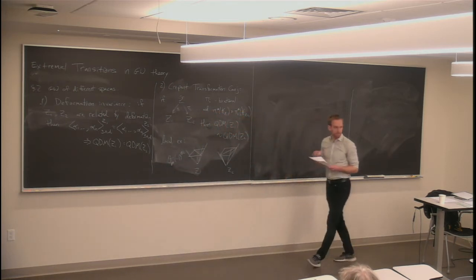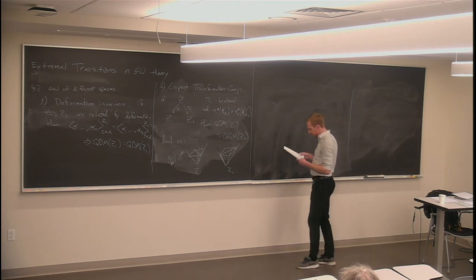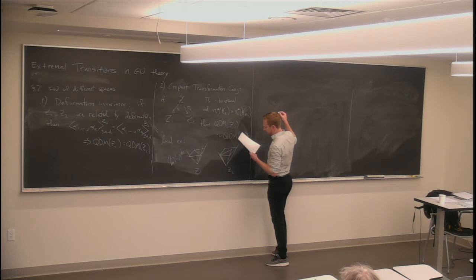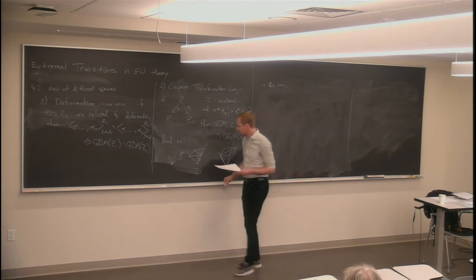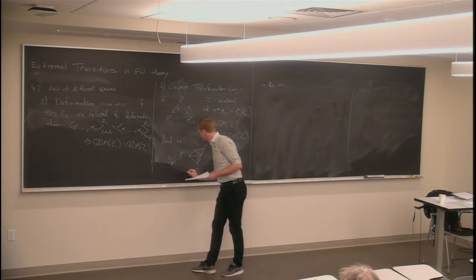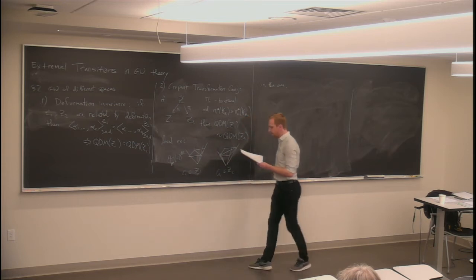But that isomorphism is not preserving effective classes. So, for instance, in this case, let me just call C1 the copy of P1 inside of here, and C2 the copy of P1 inside of here.